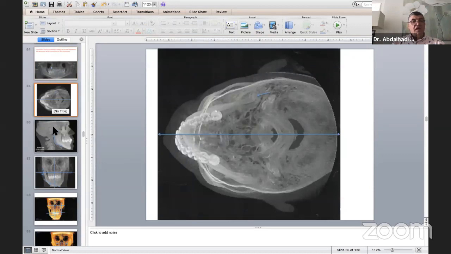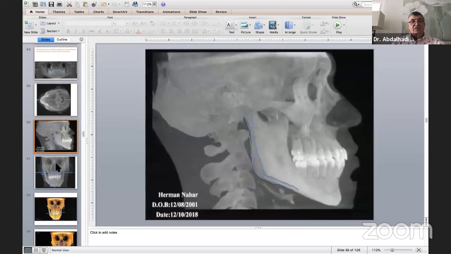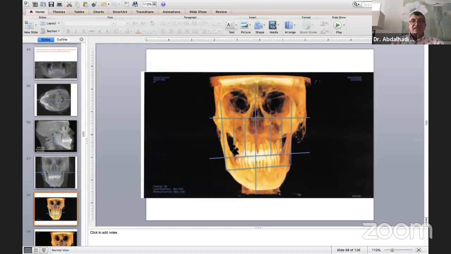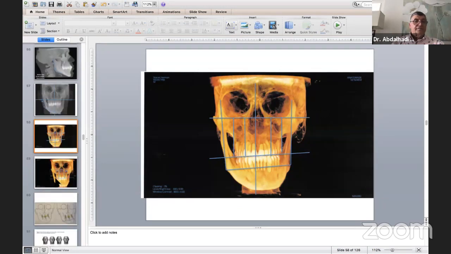Of course, you take a basic X-ray and cephalometric X-ray showing the difference. Here is the axis and it shows you this is longer than this and this is canting again in the CBCT.